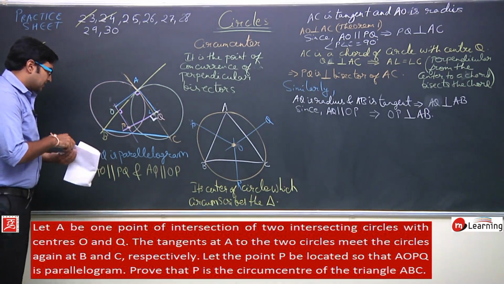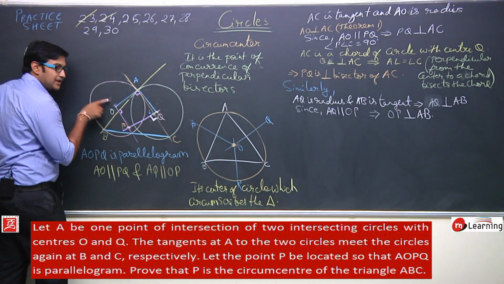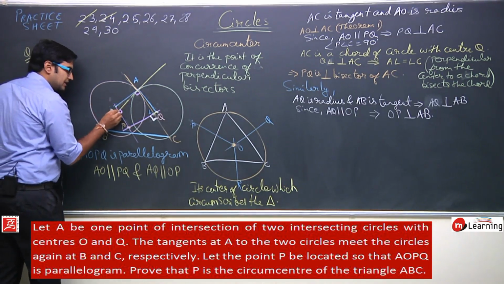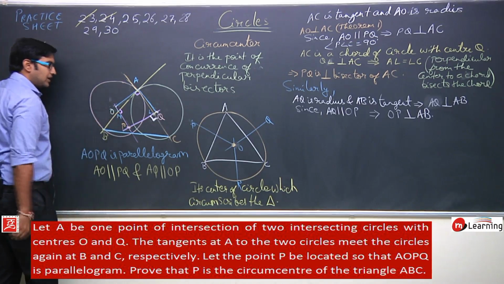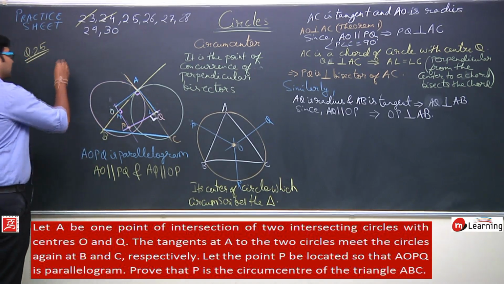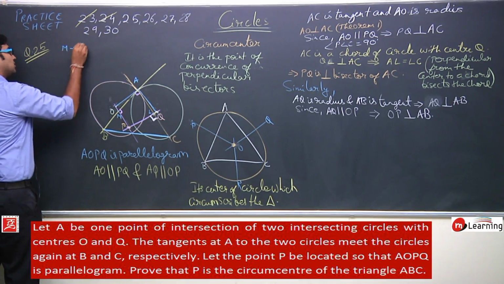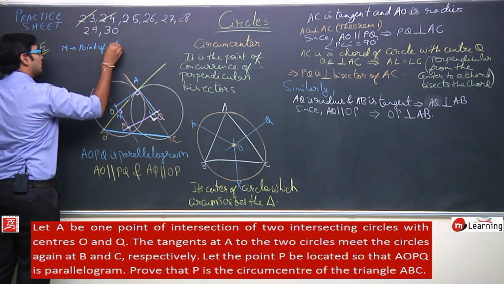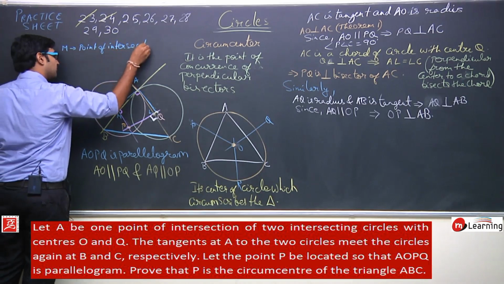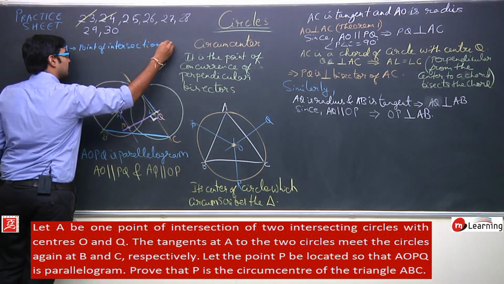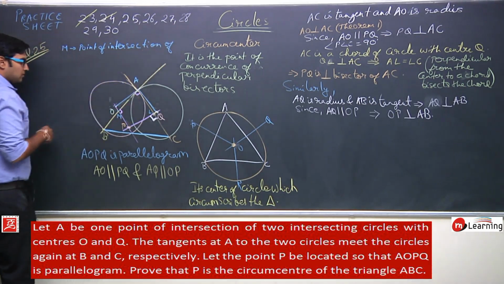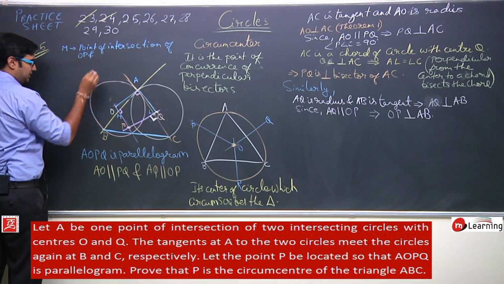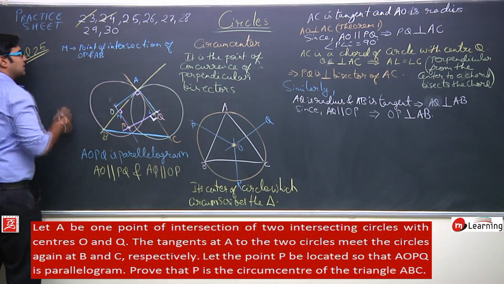Let us say the point at which this OP line intersects AB is M. M is the point of intersection of OP and AB.